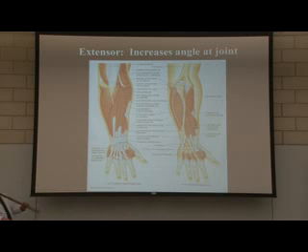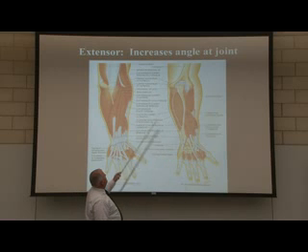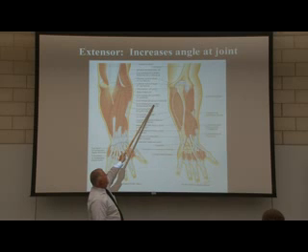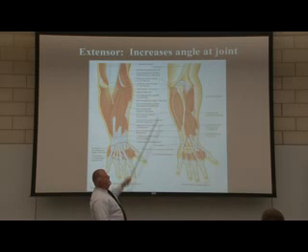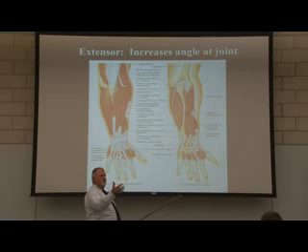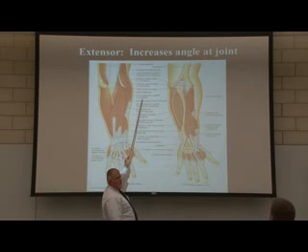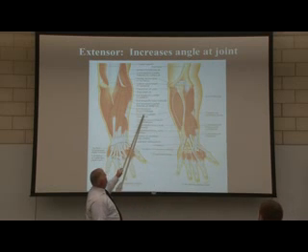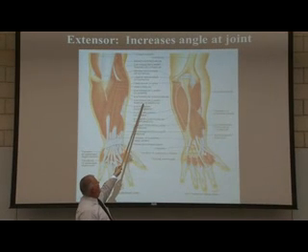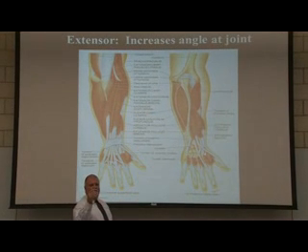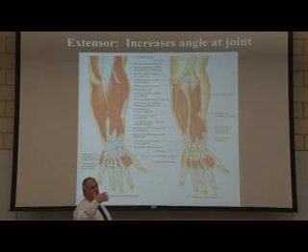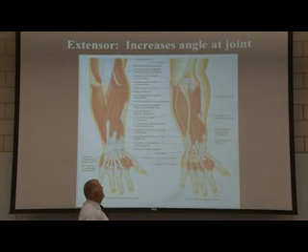So then the extensors are going to be on the back surface of our hand. What we're going to see is that we have ones that are going to do the wrist again, so extensor carpi. And then we're going to use the same pattern. If it's on the little finger side, then it would be extensor carpi ulnaris. And if it's on the thumb side, it's going to be extensor carpi radialis. But that's a paired muscle, and one of them's got a long tendon, and one's got a shorter tendon.